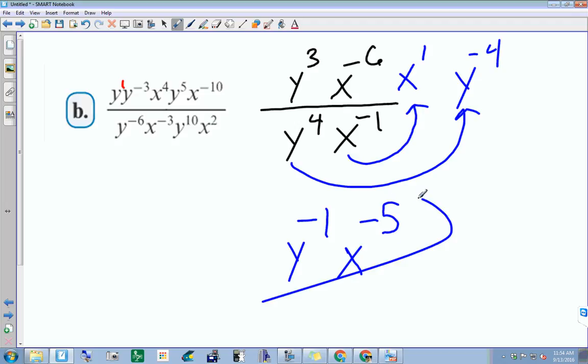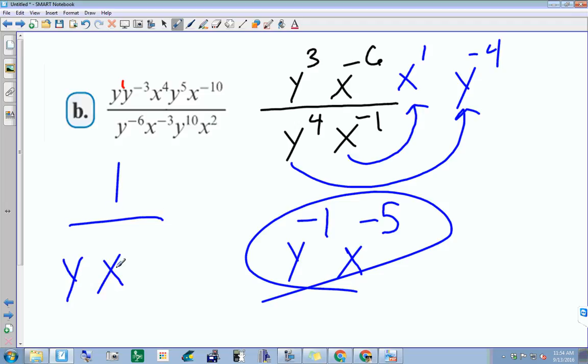This is perfectly legal for the answer. However, you will also see the answer written this way. 1 over y x to the 5th. Because here they're in the numerator, here they're in the denominator with the opposite sign. So one or the other.